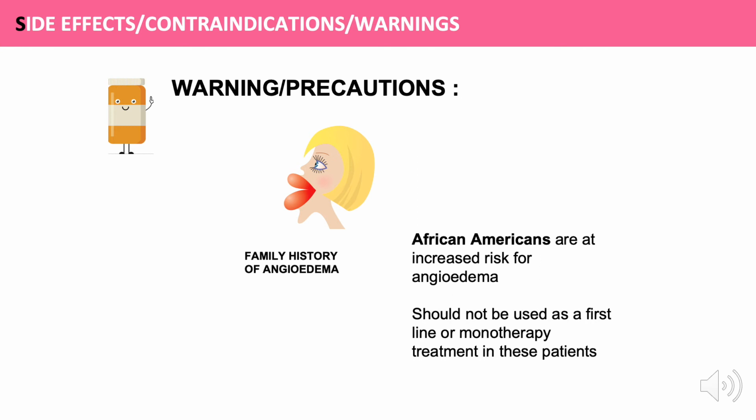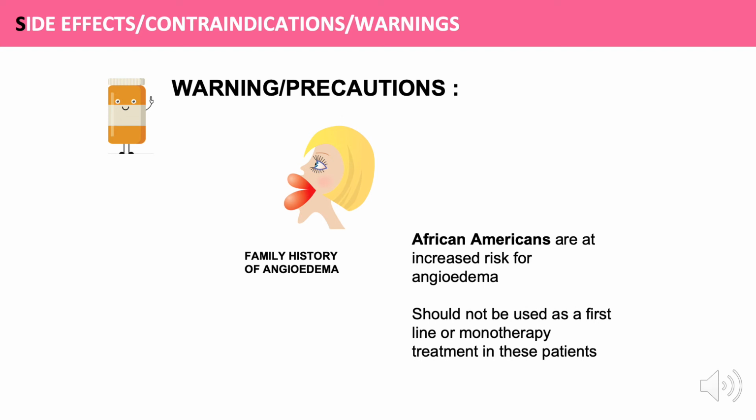So you'll probably see the patient is on an ACE inhibitor plus a calcium channel blocker, or an ACE inhibitor plus a beta blocker. We typically do not recommend just using lisinopril to treat hypertension in African Americans because we really don't see that blood pressure benefit. And also, we need to review their family history for angioedema.